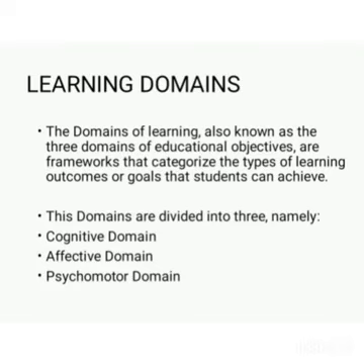The next one, guided response, has to do with imitating or following instructions to perform a skill or task. Then mechanism has to do with performing a skill with increased proficiency and efficiency. After that is the complex overt response, which has to do with demonstrating skilled performance in a smooth, accurate, and coordinated manner.